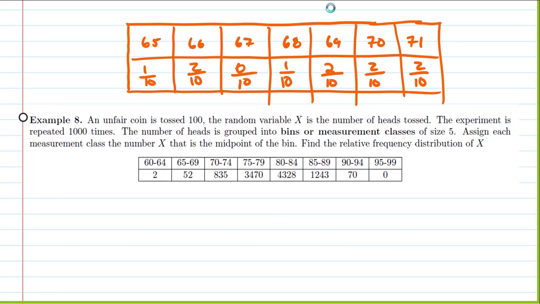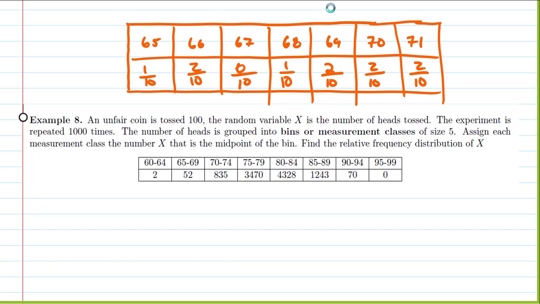If our sample space contains too many discrete little things, we will group them together to try to group together like data. This type of grouping will help us see patterns sometimes when things are too spread out. So in this example, we created bins or measurement classes of size 5. So we're grouping all of the x's together into those bins.